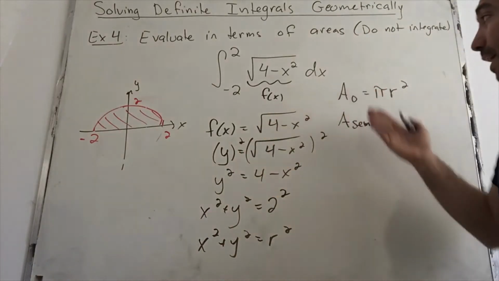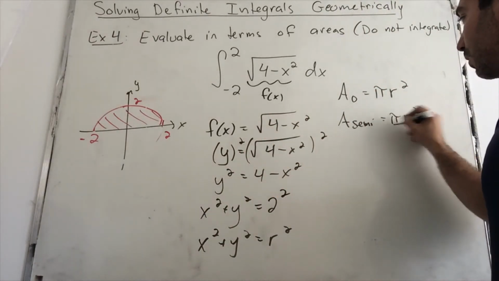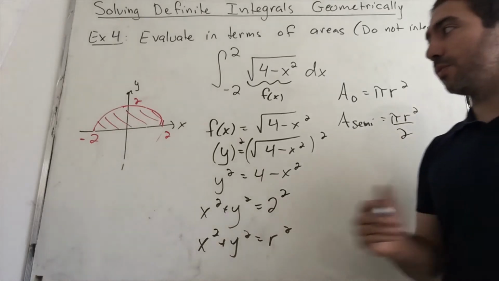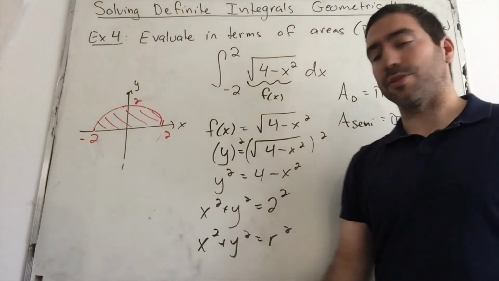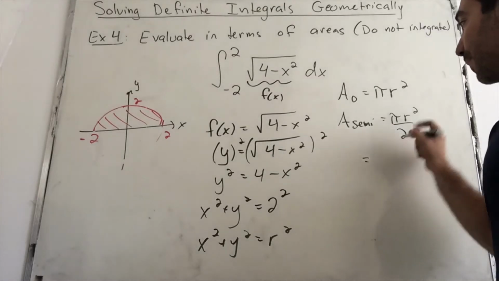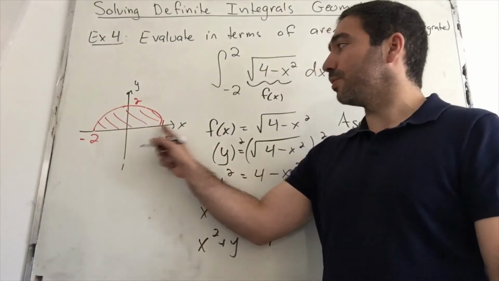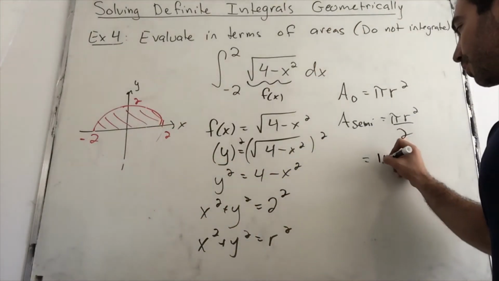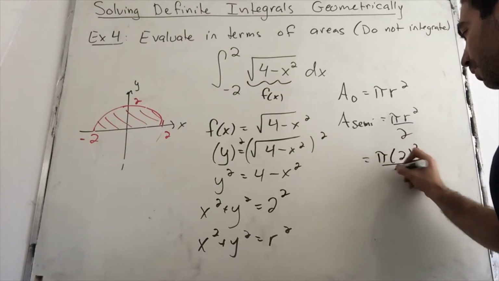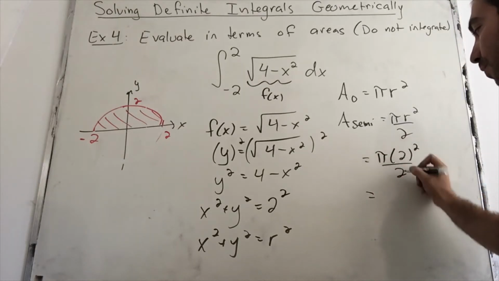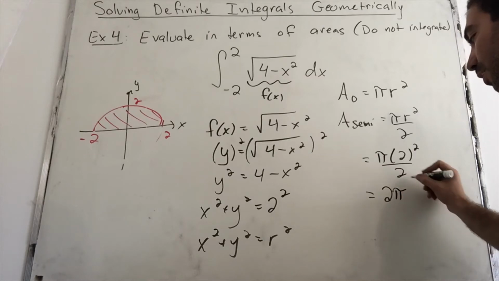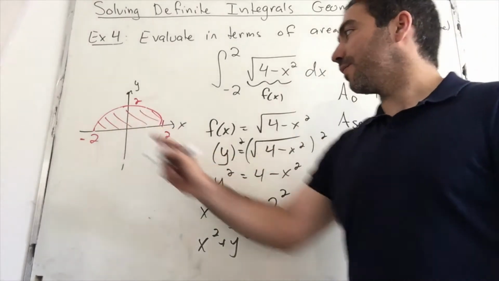That's right, you just divide it by 2. So pi r squared divided by 2. So we want half the circle, so we're dividing our answer by 2. So let's go ahead and do that because we know what the radius is. The radius of the circle is 2. So we replace r with 2, divided by 2. This gives us 2 squared is 4, divided by 2 gives us 2 pi. And that's the area of the semicircle.